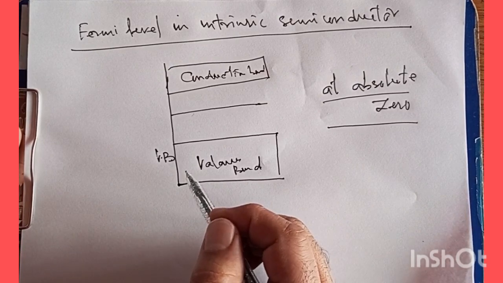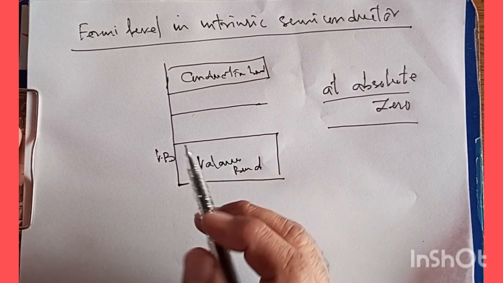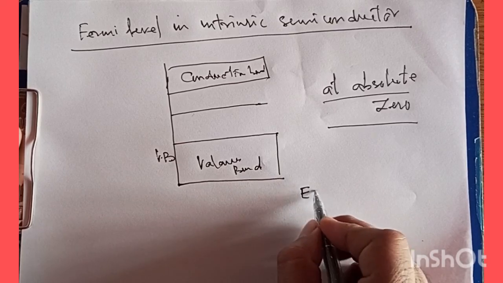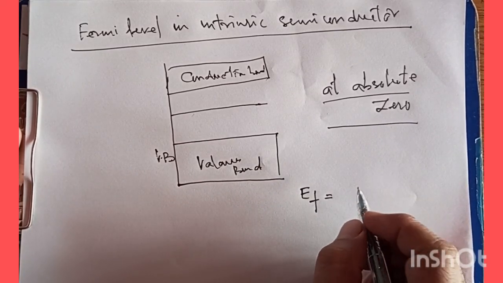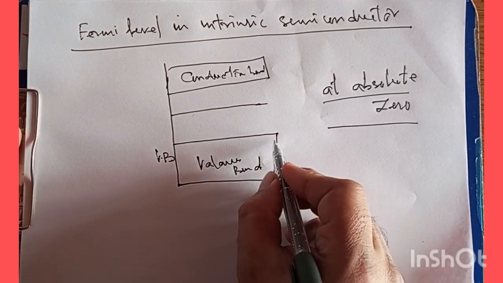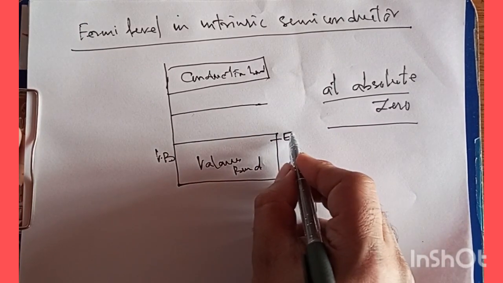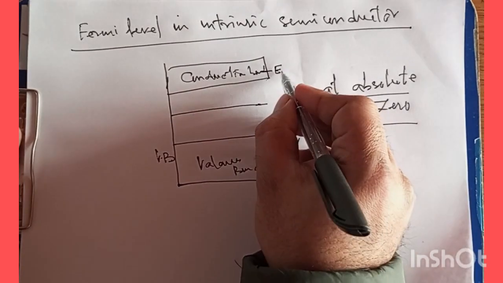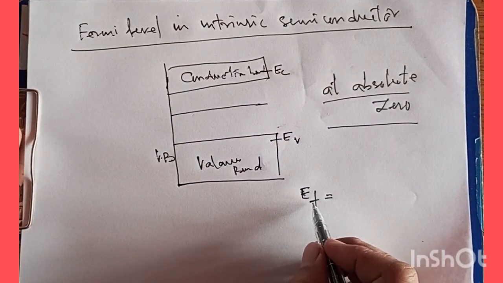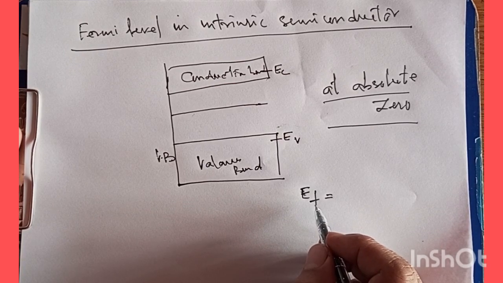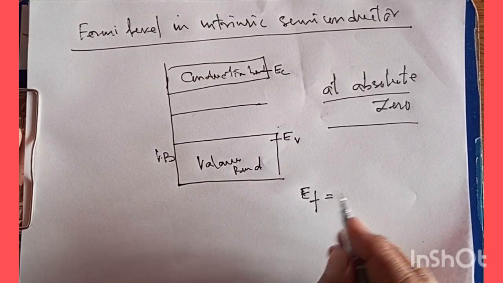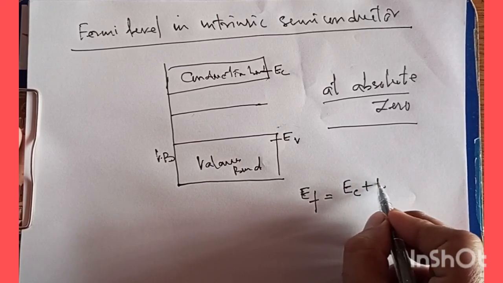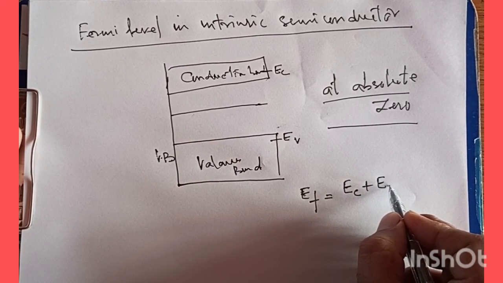That get generated, and in such case, the Fermi level can be given as, if I say that EF is the Fermi energy, and the energy linked with the valence band is EV, then talking about the Fermi energy in this case, this Fermi energy comes out to be the average of EC and EV.